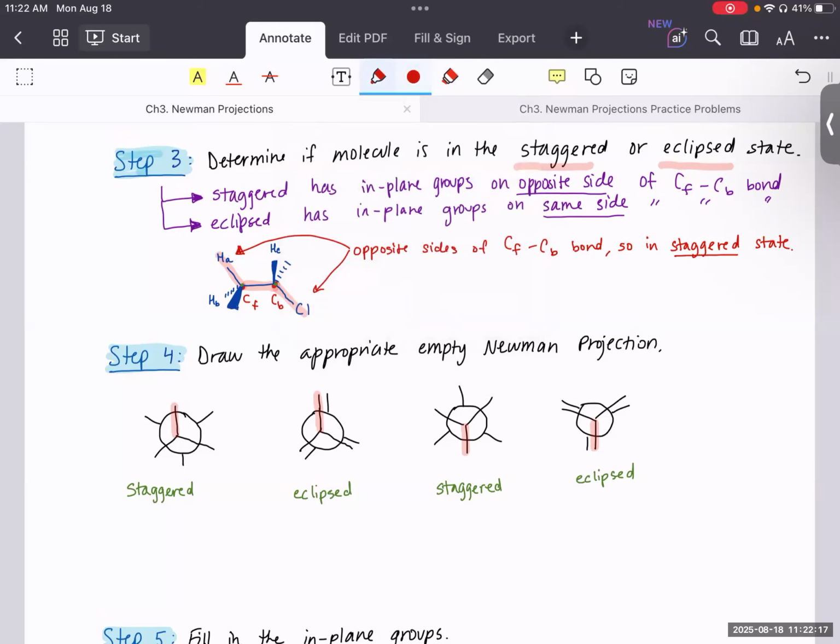We can see that in our skeletal structure, on this front carbon, this HA points up. And so that means that we have to choose one of the first two, since we want that line to be pointed up. The other thing we have to identify is whether it's staggered or eclipsed, which you already did in step 3. And so we know that since it's staggered, our correct Newman projection is going to be this one.